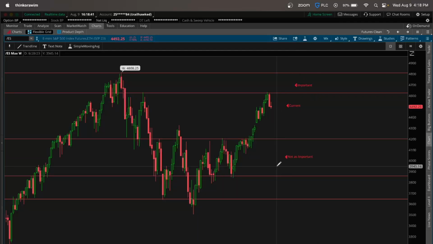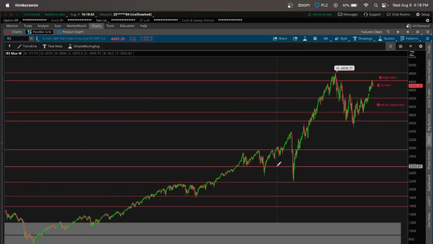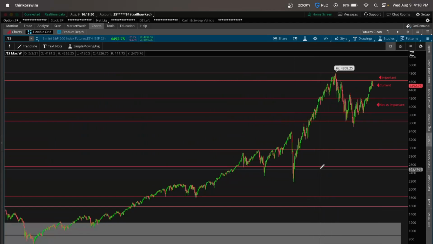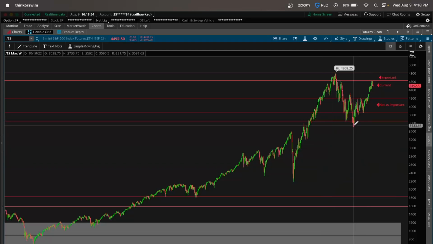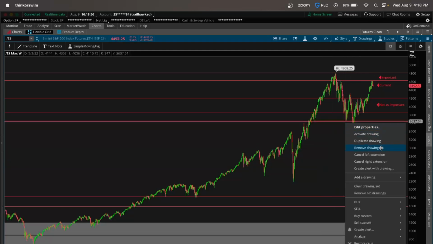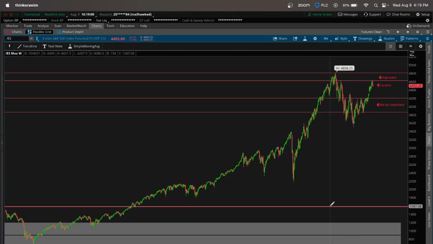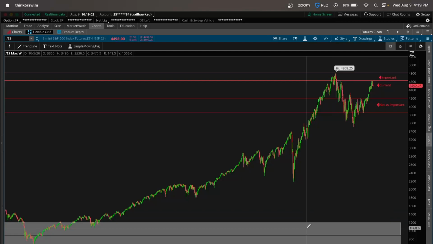And now what we can do, just so we're not overwhelming our chart, is remove all of the other noise and keep what's immediately above and immediately below.